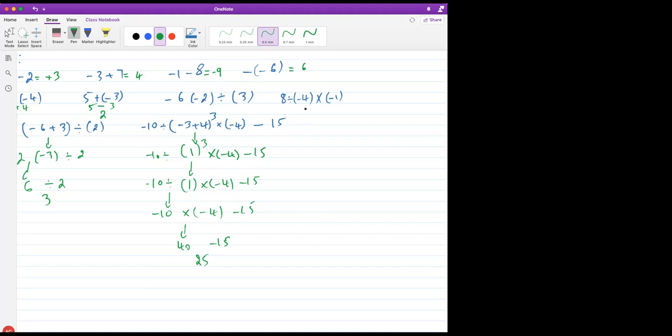Okay, so then we have this one here. Division first. That would be negative 2. Negative 2 times negative 1, so positive 2. And finally, that one here.